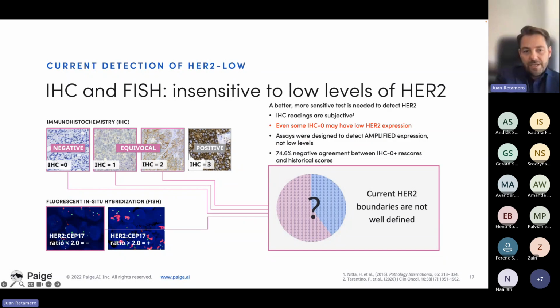Because at the end of the day, the current companion assays that we have, in terms of immunohistochemistry and FISH, are geared to separate the very positive end of the spectrum, but not so much the negative end, because the paradigm was geared to identify those patients, and there was no therapeutic alternative for the others. But of course, this has changed now.